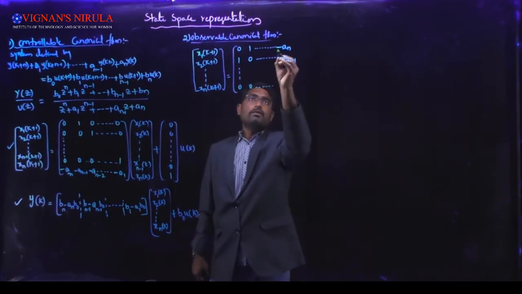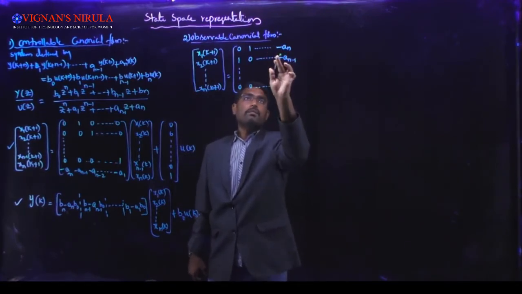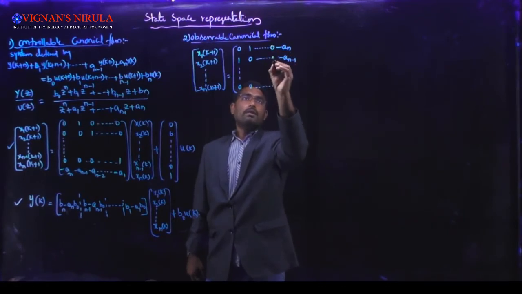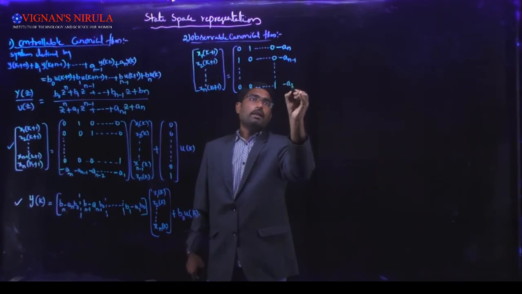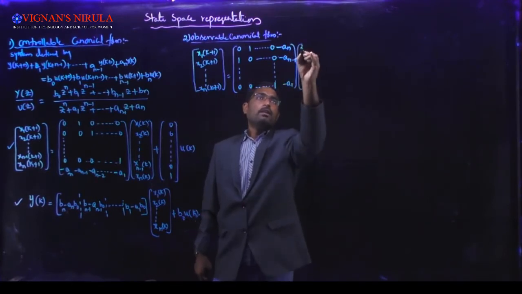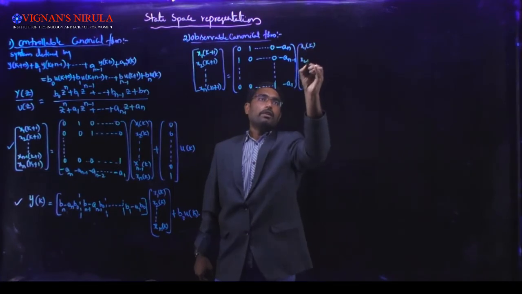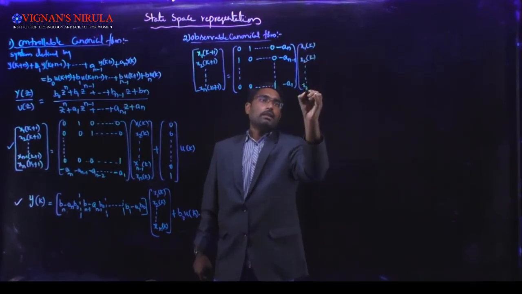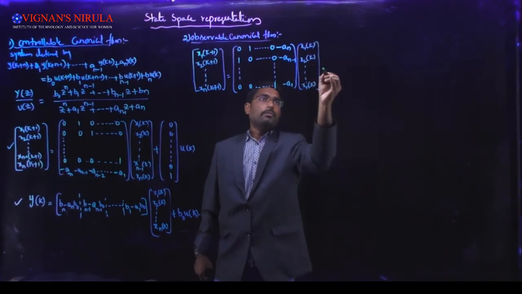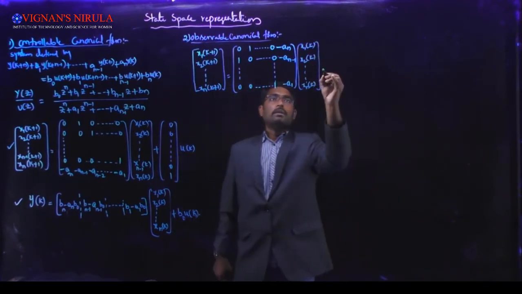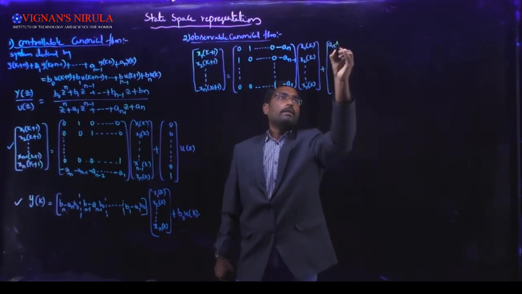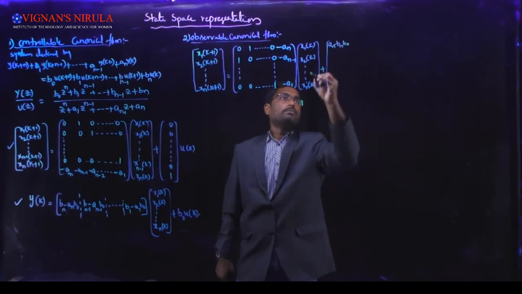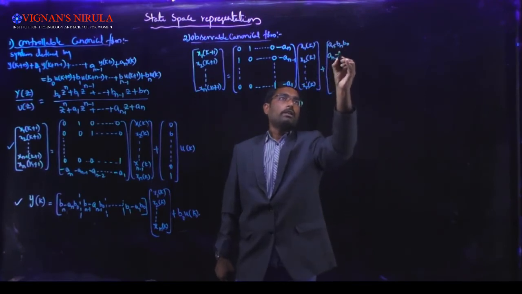If you write the last column, this will be 0, 0 and so on up to 1, with the last entry minus a1, multiplied by x1 of k, x2 of k, and so on up to xn of k, plus the input matrix an minus bn into b naught, an minus 1 minus bn minus 1 into b naught, and so on.